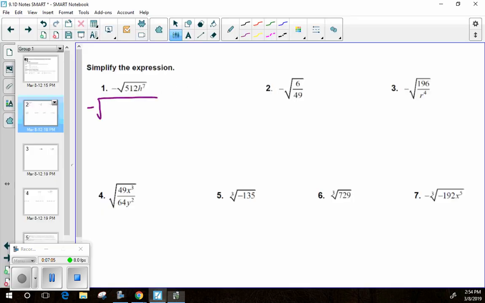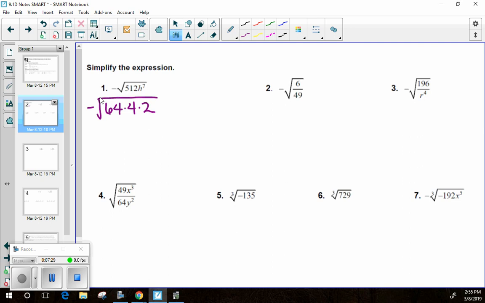Yeah, so I might do something like that. I might say, you know what? I know that this is 64 times 8, but I actually also know that 8 is 4 times 2, and there's my two perfect squares, right? So you can just pull them, because remember, you got to pull all the perfect squares out, right? So if I get 64 times 8, then I can also do 4 times 2 for the 8, right?